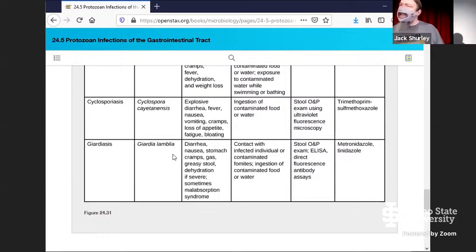Giardia, I think we mentioned these guys way back when Leeuwenhoek was making his little microscopes and looking at all sorts of things. Giardia was one of the things that he looked at from his own diarrheic stool. He was infected with these guys, and he had massive amounts.